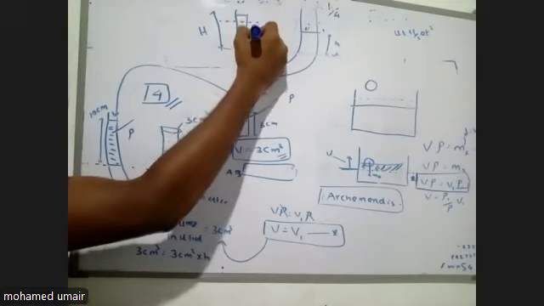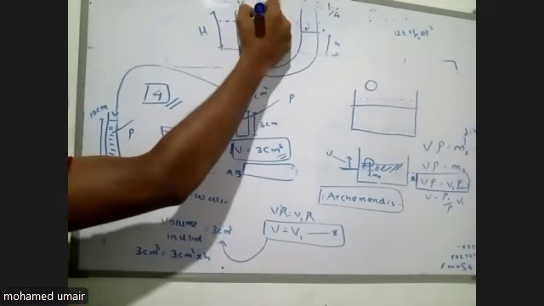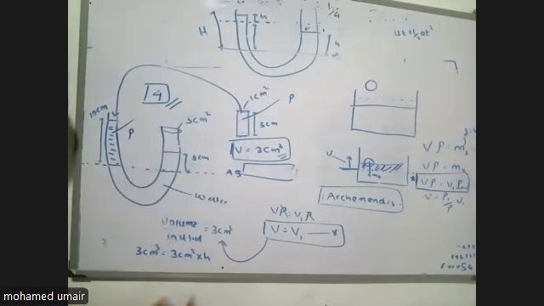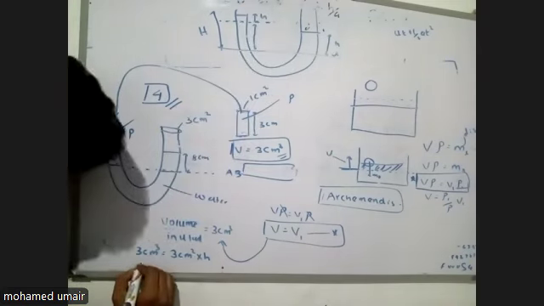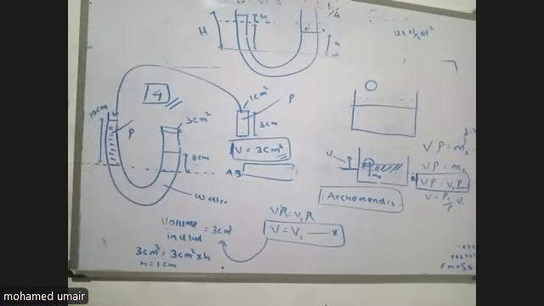Initially it was 10. Now it has displaced by some portion. Right? That's why I was saying simple h. So simple h is equal to 1 centimeter. So actually this level is moving upward by 1 centimeter.